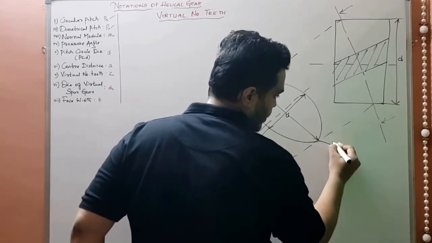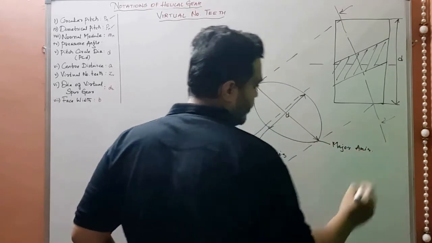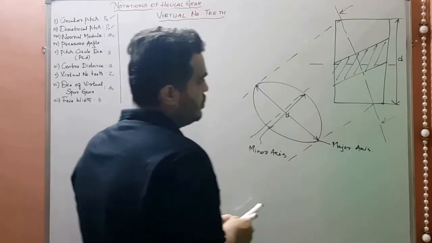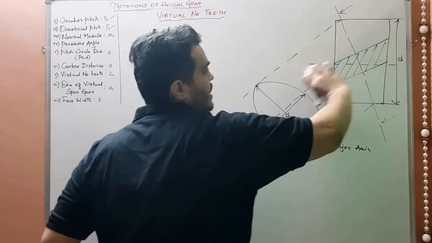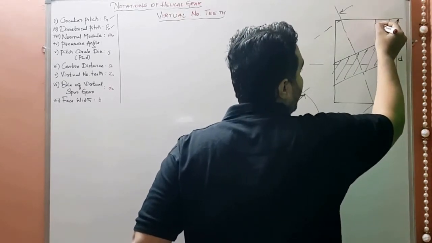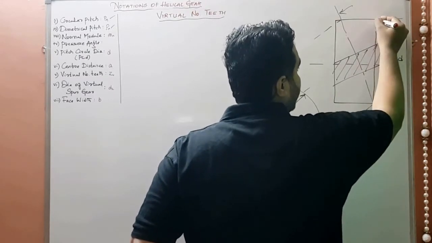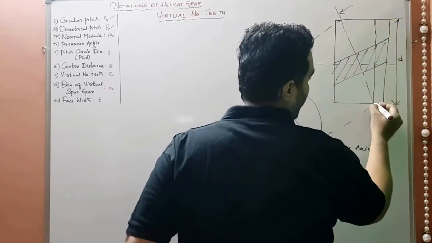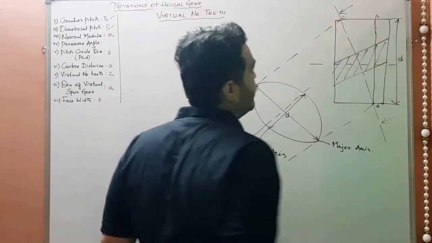So this is the major axis, right? Here we need to find out this major axis. From this point you just draw one line, and the same line I am projecting here. So you will get point A, point B and point C, right?